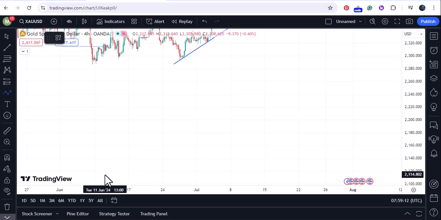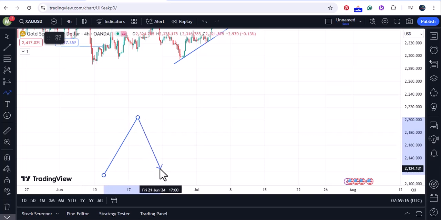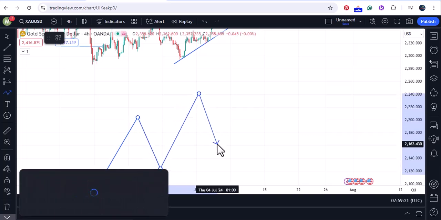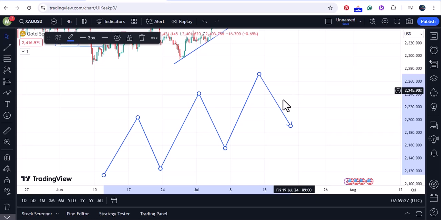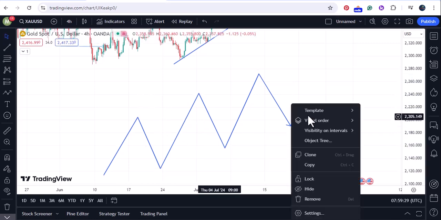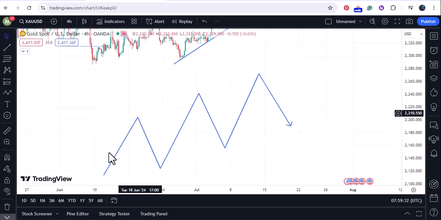So guys, what we need to do is to understand that price moves by oscillating from higher levels or higher prices to lower prices, as you can see from what you are seeing here. So this is how price is moving, right? So what you need to do is to understand what is happening when price is making these moves.